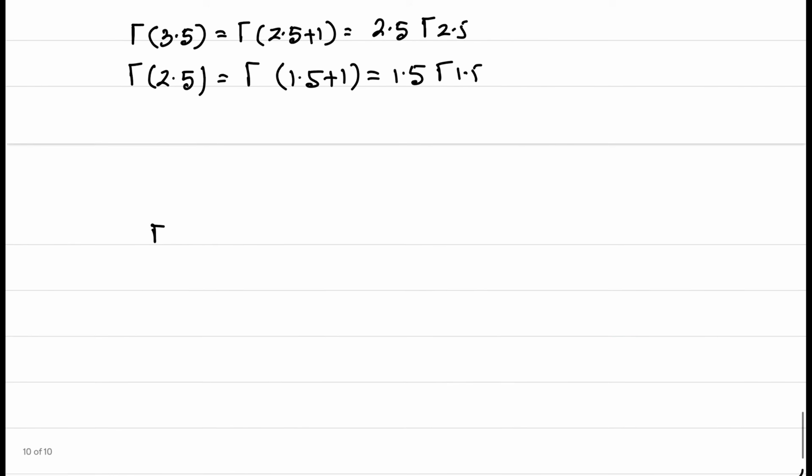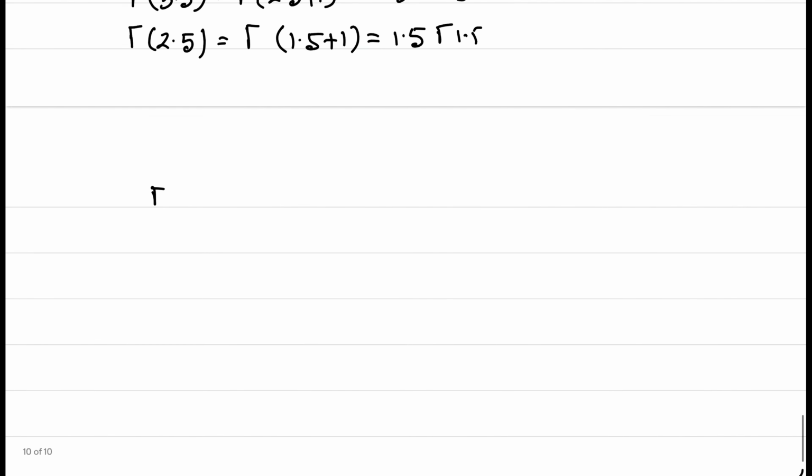Then gamma 1.5 is equal to gamma 0.5 plus 1, that is equal to 0.5 into gamma 0.5.